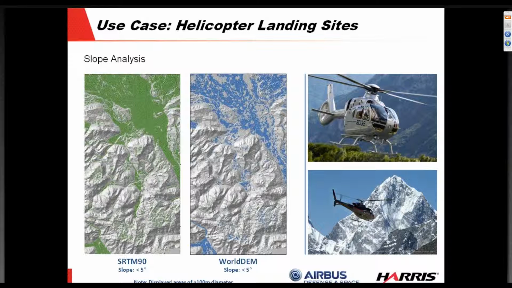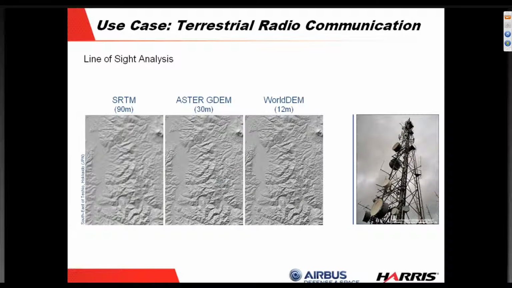Another use case is based on line of sight analysis, for example, for terrestrial radio communication, when the line of sight from a certain point needs to be computed. Here we have the results of three different kinds of elevation models. We compare SRTM 90 meter with Aster and WorldDEM.